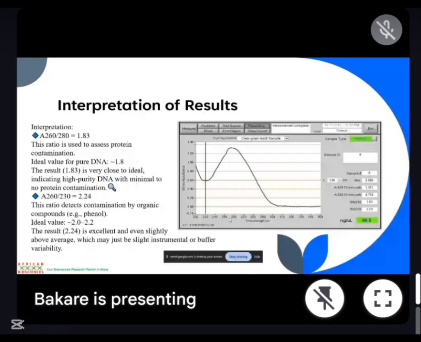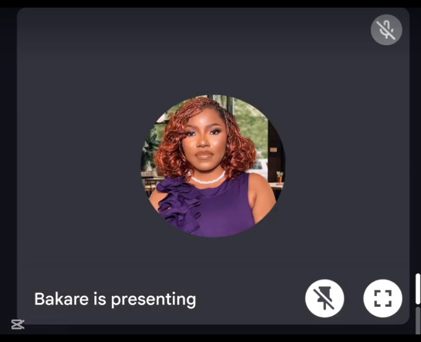The ratio I said is 1.8 for DNA at 260/280, and for 260/230, 2.0 to 2.2. Now this DNA is 1.83.